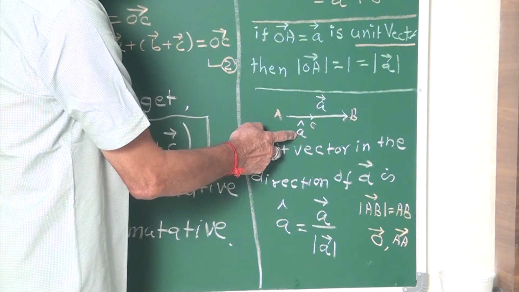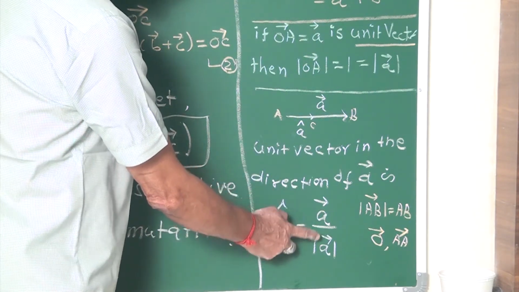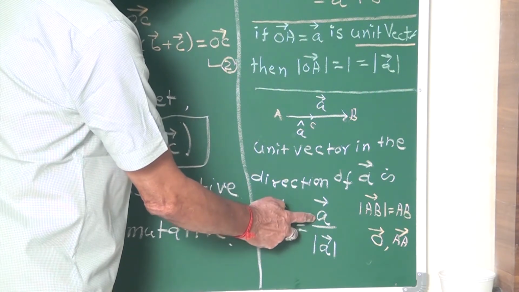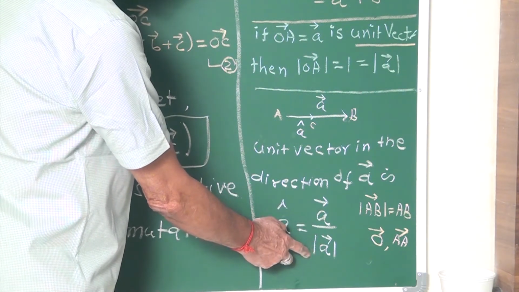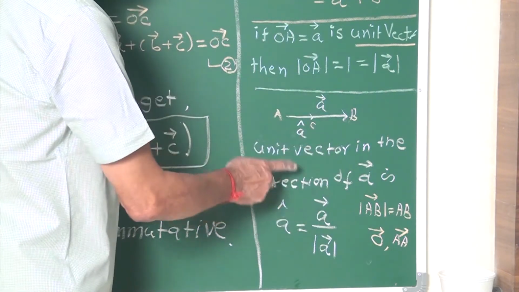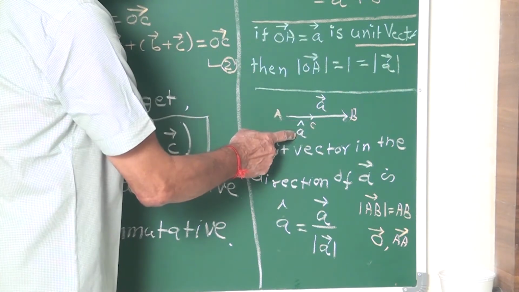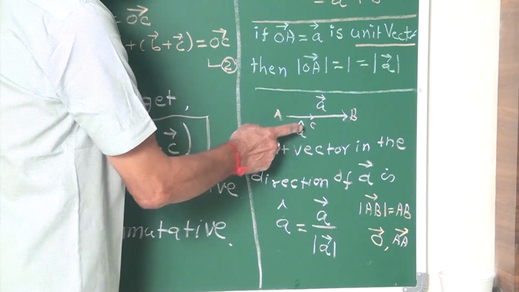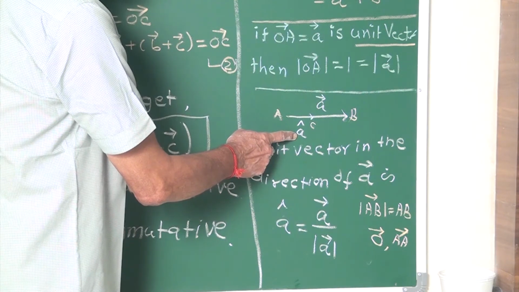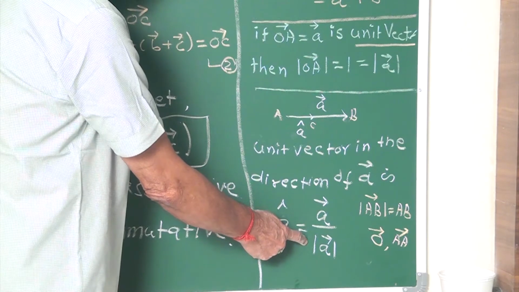Then this A cap is defined as A cap equal to vector A divided by its magnitude. Yes, my friends, it is another definition. Definition of what? Unit vector in the direction of vector A, denoted by A cap, defined as A cap equal to the same vector divided by its magnitude.